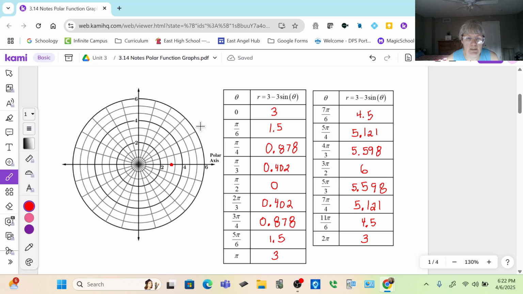And keep in mind, pi over 6 isn't that first marking on our polar coordinate system. It's actually the second. It goes pi over 6, pi over 4, pi over 3. So at pi over 4, pi over 6 is going to be 1.5.